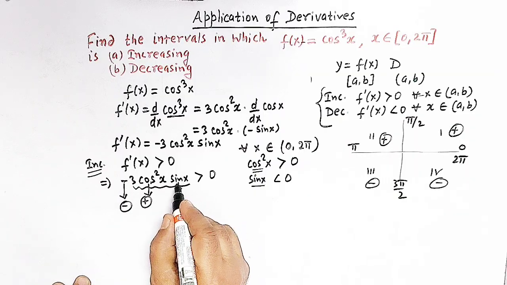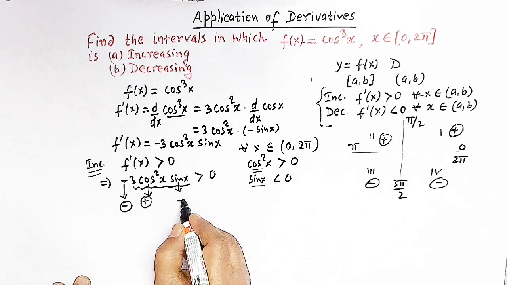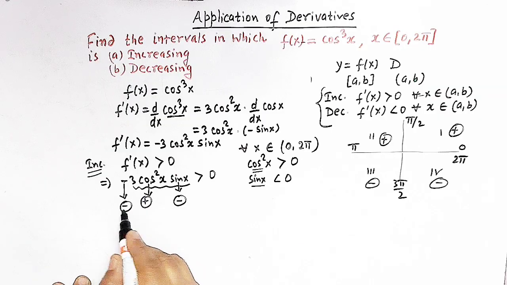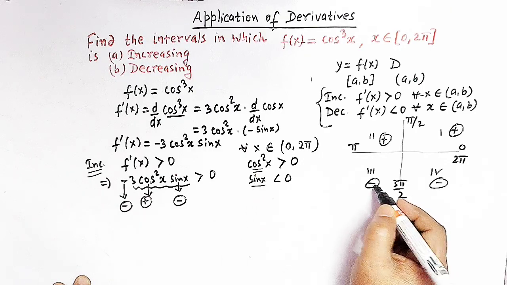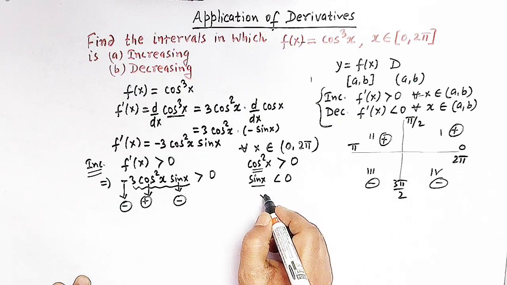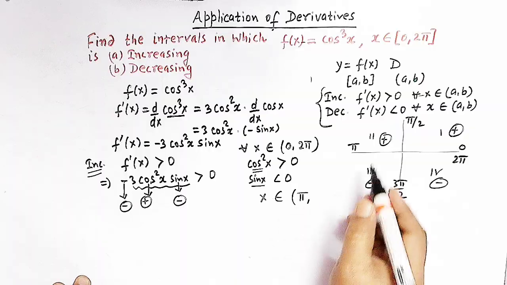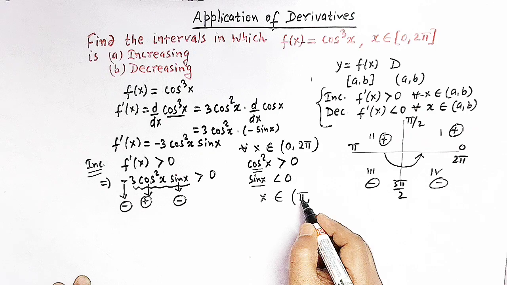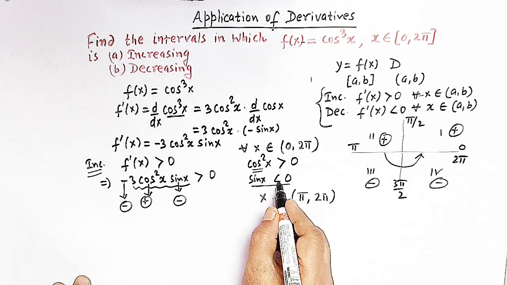It implies that sine x should be less than 0, so that the product of this negative with this negative is positive. And sine x is less than 0 in the third and fourth quadrants. So when x belongs to the interval pi to 2 pi, sine x is less than 0.